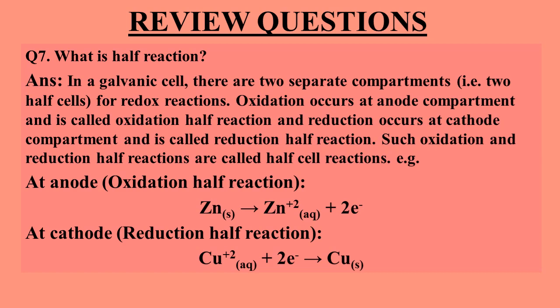Now let me explain the answer of question number 7 from your exercise. What is a half reaction? In a galvanic cell, there are two separate compartments, the anode compartment and the cathode compartment. Both of these compartments are called half cells. In these compartments, redox reactions occur.